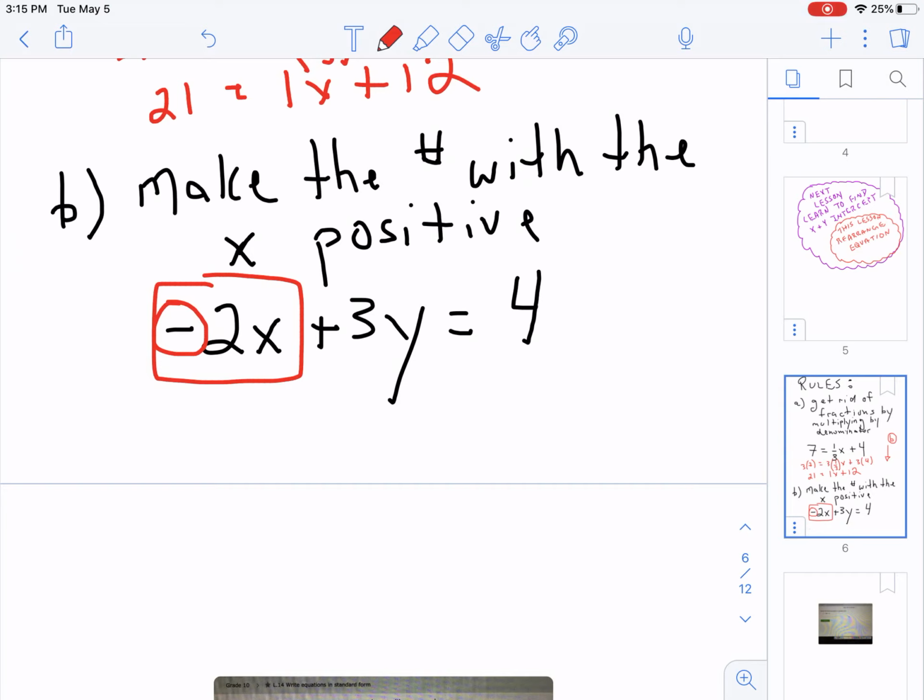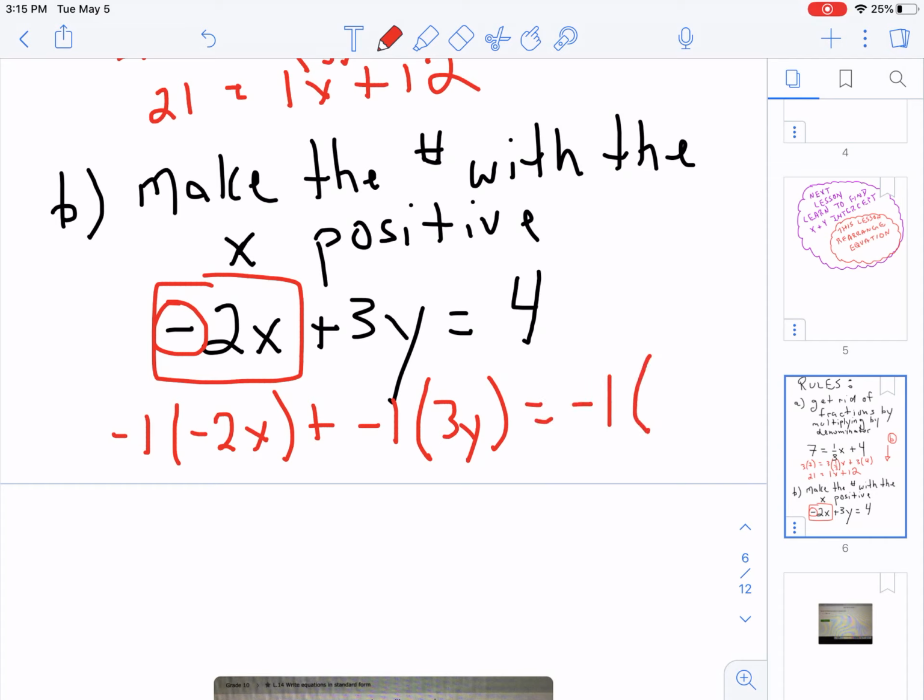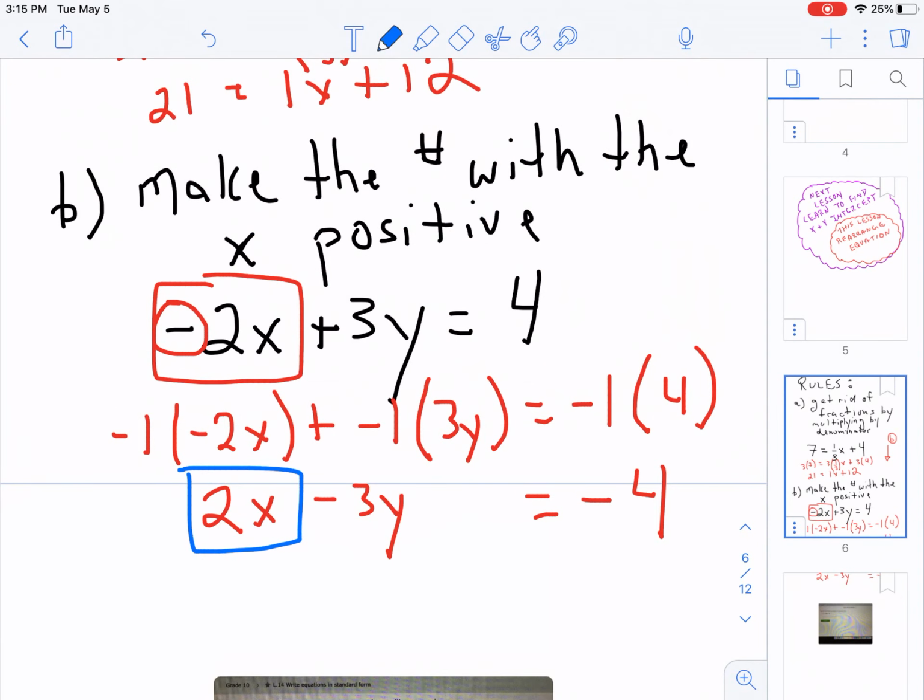So we would have -1 times -2x plus -1 times 3y equals -1 times 4. So that becomes 2x minus 3y equals -4. So the very first term, the x term, has to be positive.